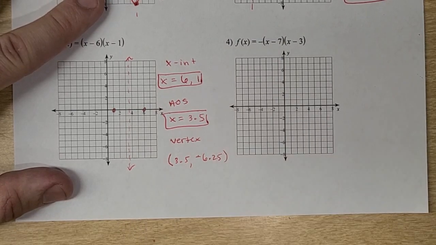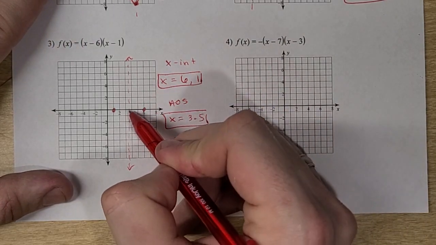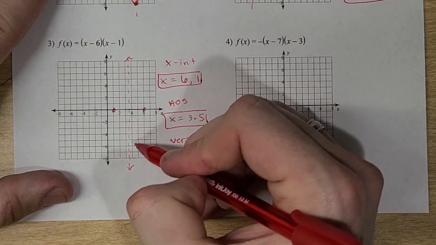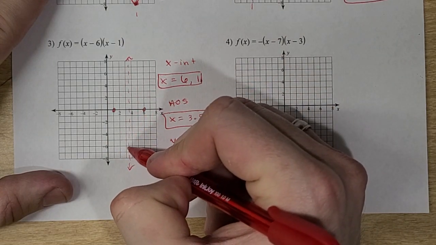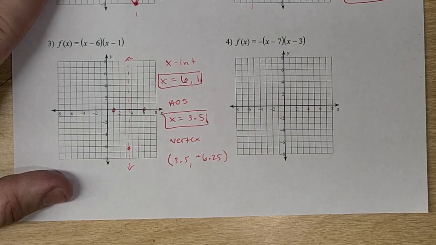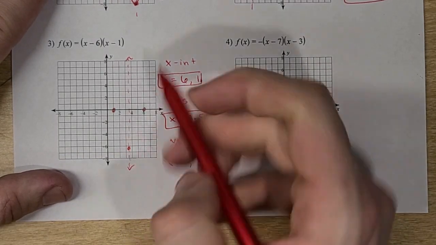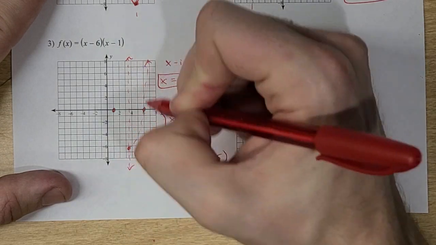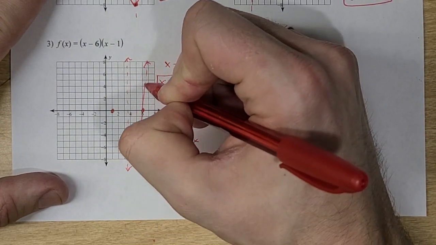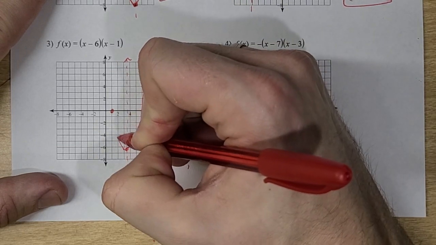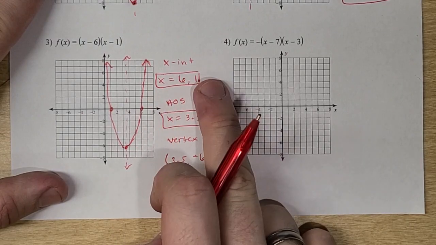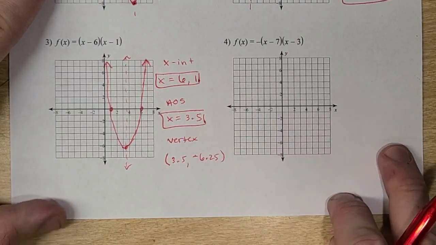So I'm going to graph my vertex. 3.5, I know that's on my axis of symmetry, and then I'm going to go negative 6.25. I am not going to get crazy about where specifically in the box it is, as long as it's kind of in the right box. Then you're good. That's it. We found our x-intercepts, our axis of symmetry, and our vertex.